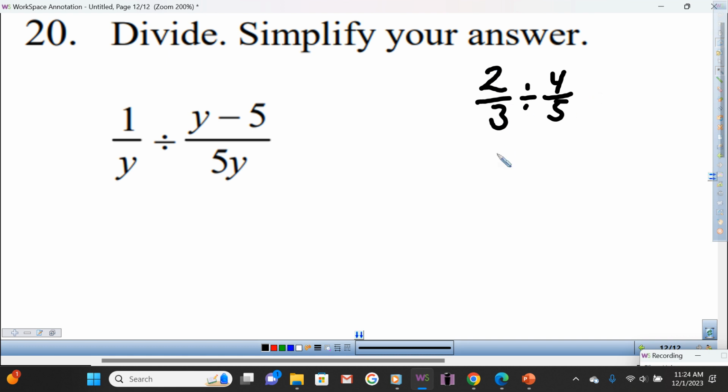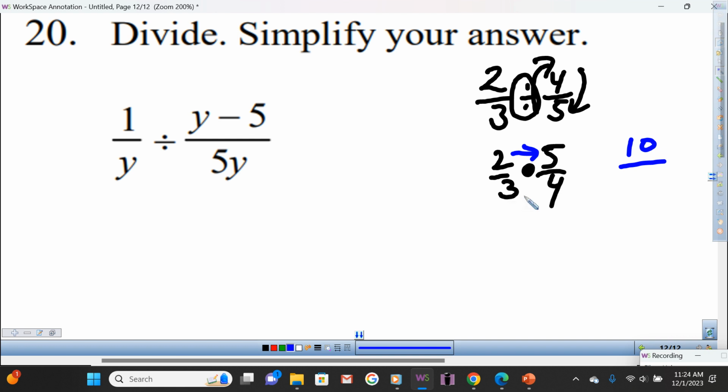Well, the first fraction stays the same. We change the division sign to multiplication, and we make the second fraction into the reciprocal. And then all that's left is to multiply. 2 times 5 is 10, and 3 times 4 is 12. And at the end, can we simplify that to lowest terms? Yes. Well, that same process applies to this.